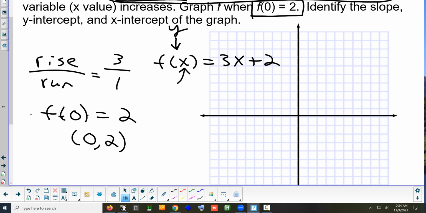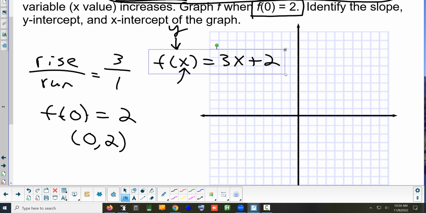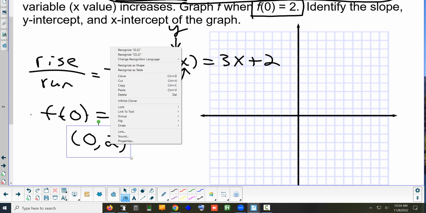We usually write it this way, but if you see something written like that, it's just another way of writing a coordinate. And this really is the coordinate of my y-intercept. The x value is a 0. And we learned when you find the y-intercept, the x value is supposed to be 0. And here's my y value, 2.